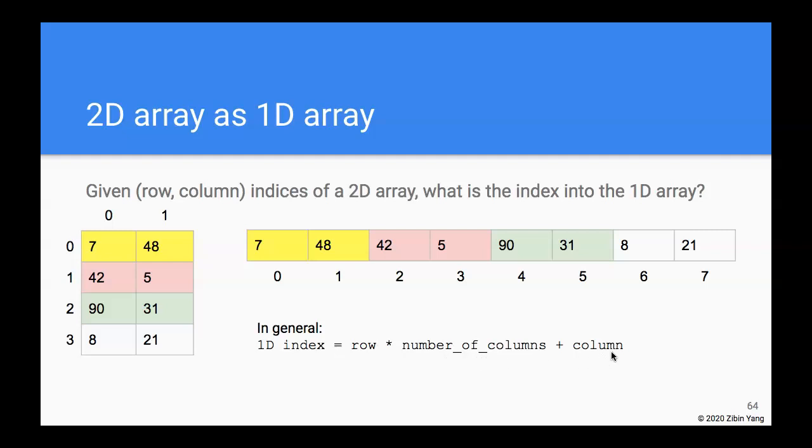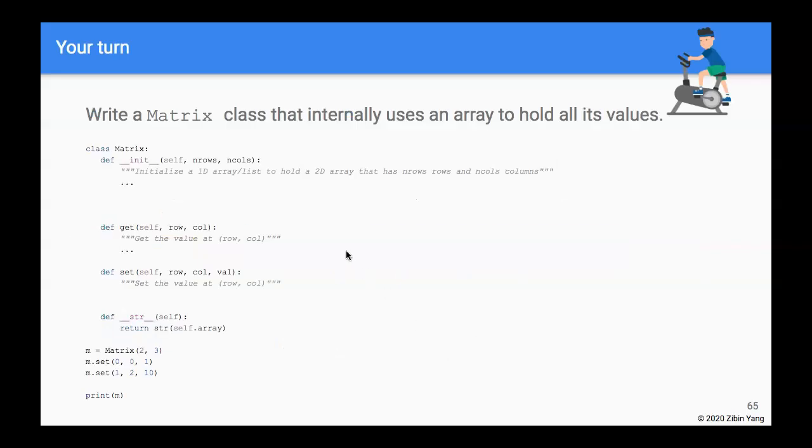Now, with this understanding, we can actually write a class that uses a 1D array to emulate a 2D array, or well, in this case, I'm going to say it's a matrix. It's a 2D matrix. So what this exercise is about is that we are to write a matrix class. So remember, a matrix is just a 2D array.